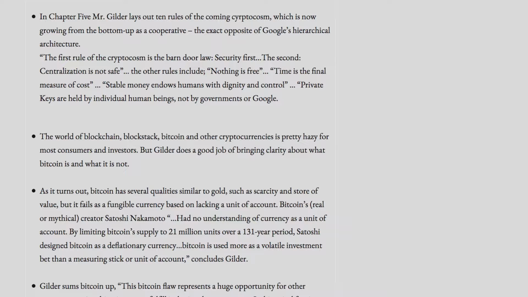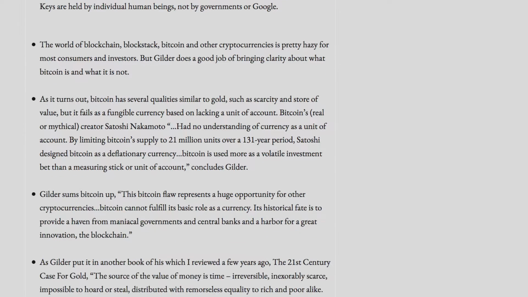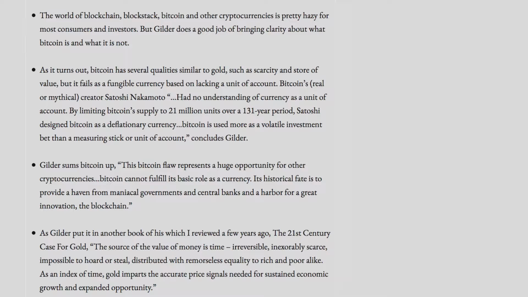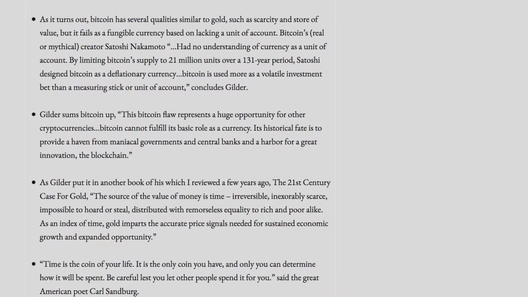The world of blockchain, Blockstack, Bitcoin, and other cryptocurrencies is pretty hazy for most consumers and investors. But Gilder does a good job of bringing clarity about what Bitcoin is and what it is not. As it turns out, Bitcoin has several qualities similar to gold, such as scarcity and store of value, but it fails as a fungible currency based on lacking a unit of account.